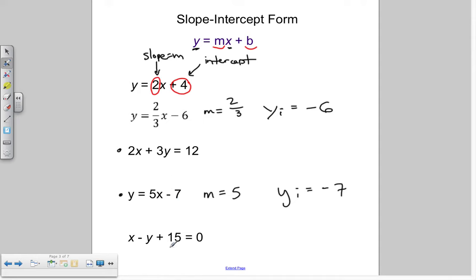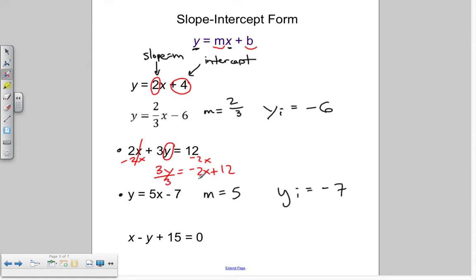All right, this one here is not in slope-intercept form. I need to force it to be. So let's do some forcing. I want to solve for y. I want y to be by itself. So I'm going to subtract 2x from both sides, and I'm going to get 3y = -2x + 12. I just rewrote it because I couldn't do anything with it.